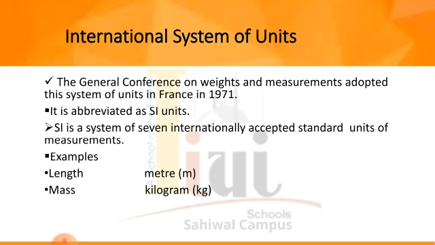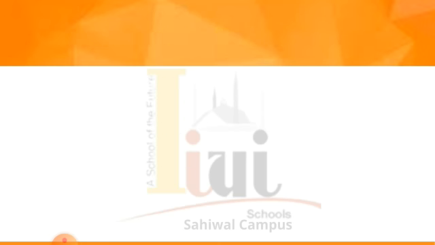Electric current is in ampere, expressed by small a. The amount of a substance is in mole, expressed as small mol. And the seventh one is luminous intensity, which is candela and is represented by small c and d. The third topic is correct measurement of length.